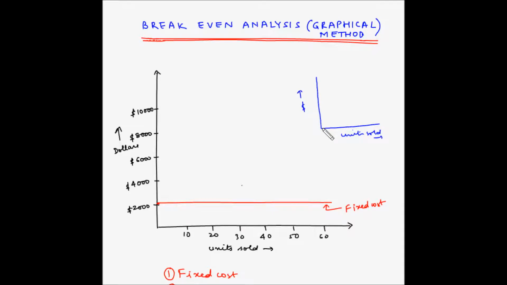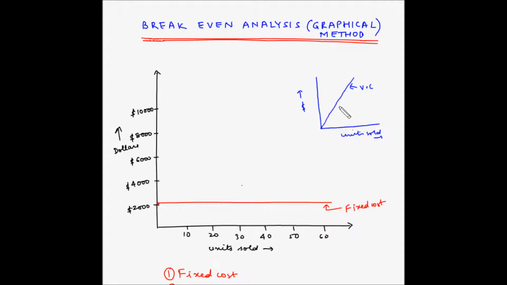Now if we don't produce anything, that is if we have number of units as 0, then there is no cost, because we are not producing anything. So the line for variable cost will start from here and it will go like this. This will be representing the variable cost.